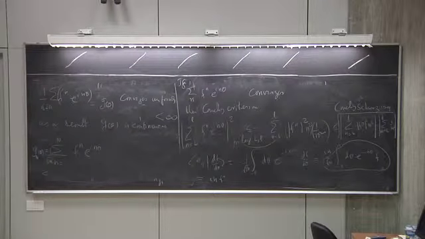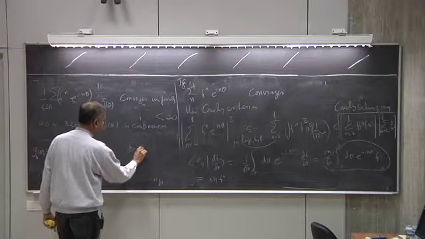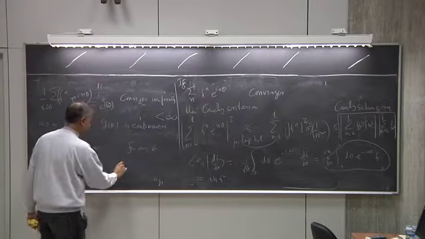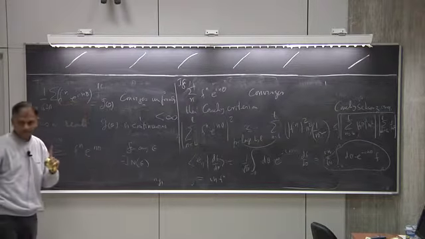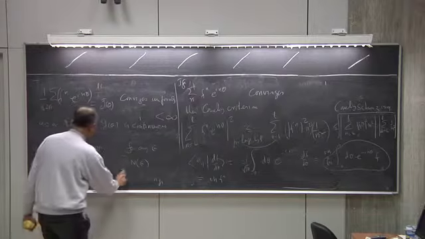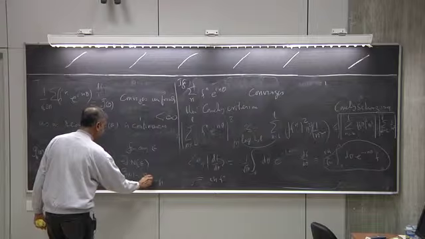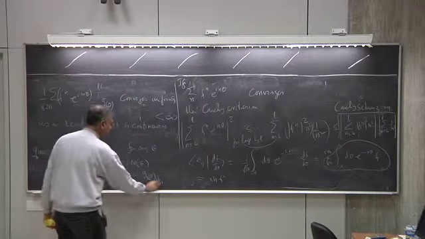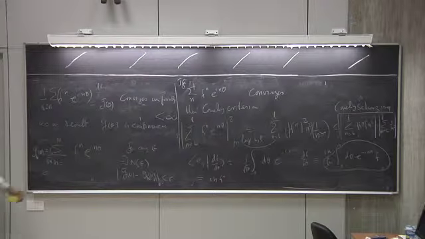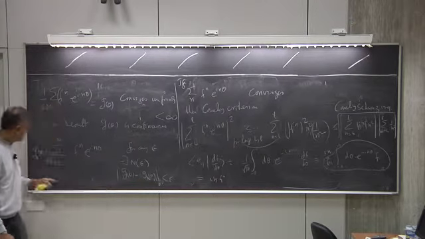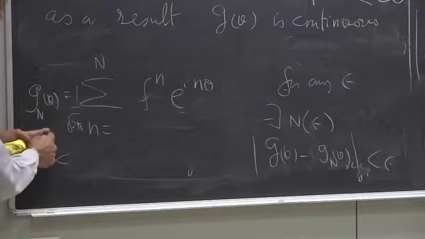Then uniform convergence means that for any epsilon, there exists an N, which depends of course on epsilon, but not on theta, such that g(theta) minus g_N(theta) can be made less than epsilon. But that's independent of theta, that's the point. So using this, you can now look at the situation where I change the theta a little bit.